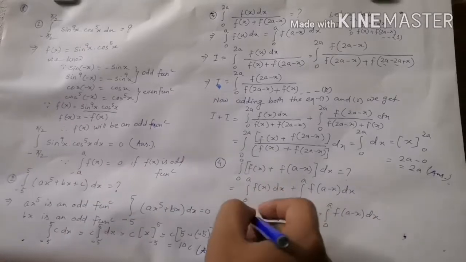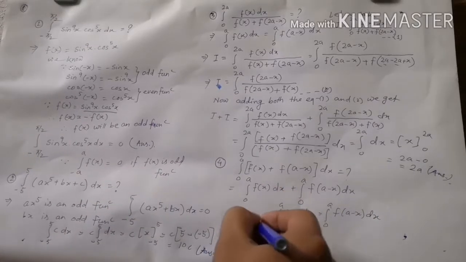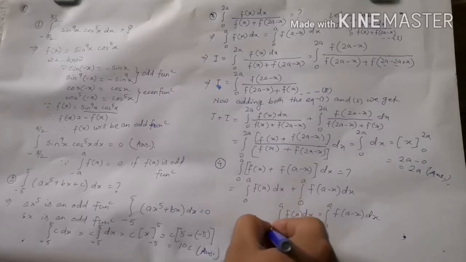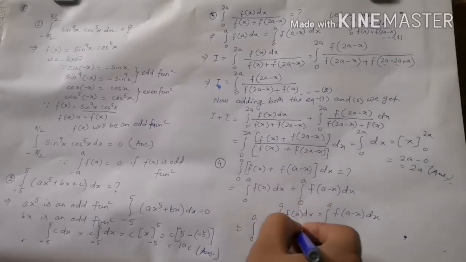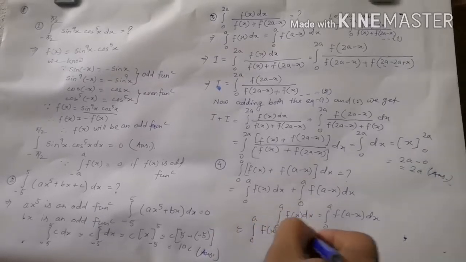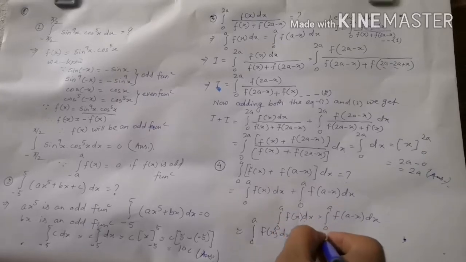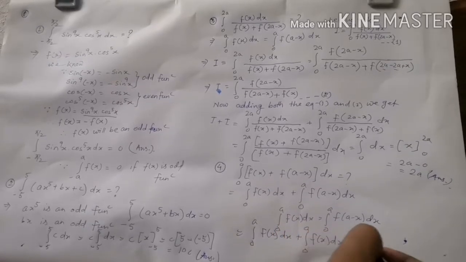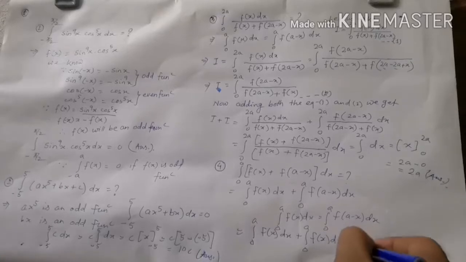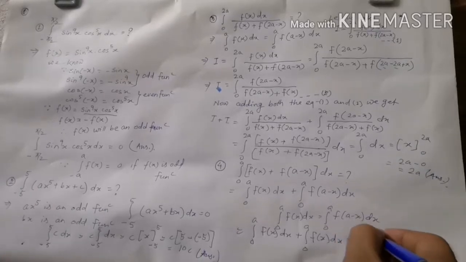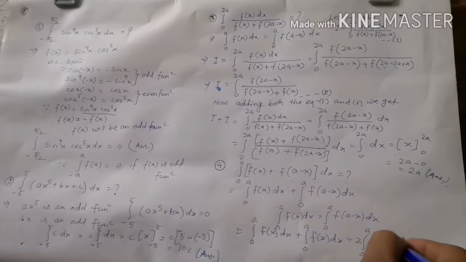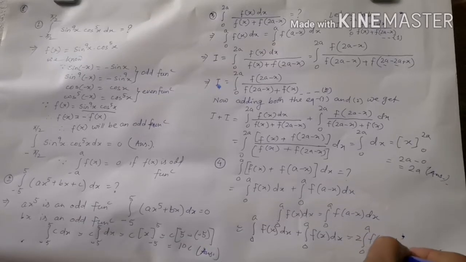So just put, we can get 0 to a f(x) dx plus integration 0 to a f(x) dx. So finally the answer will be 2 times integration 0 to a f(x) dx, and that will be the answer.